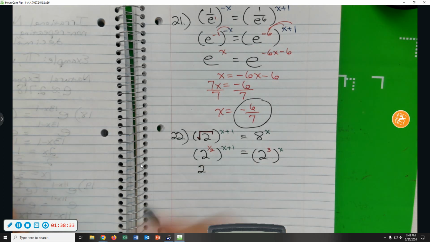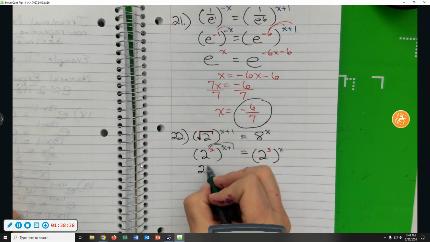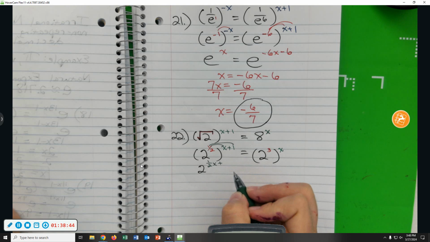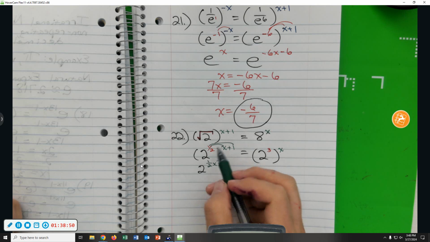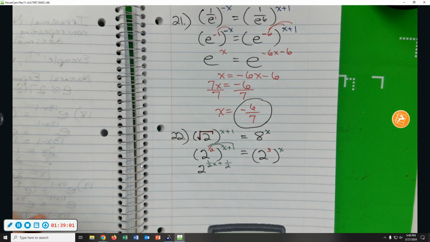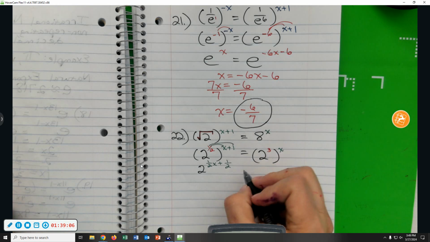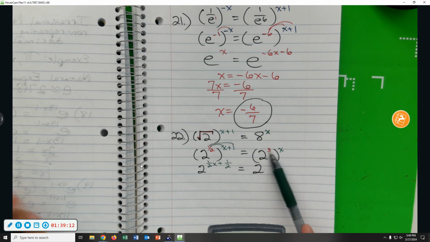Let's distribute. 1/2 times x plus 1 is going to give me 1/2 x plus, I did it here the last one. 1/2 times x is 1/2 x. 1/2 times 1 is 1/2, yes. 1 times anything is anything, so 1 times 1/2 is 1/2. Were you saying that? I just didn't hear you. What are we going to do here? Power raised to a power.